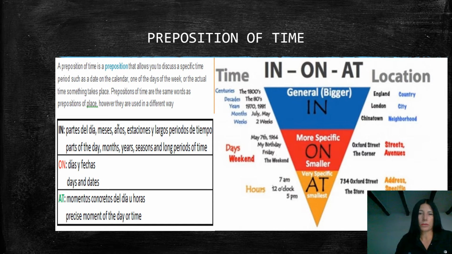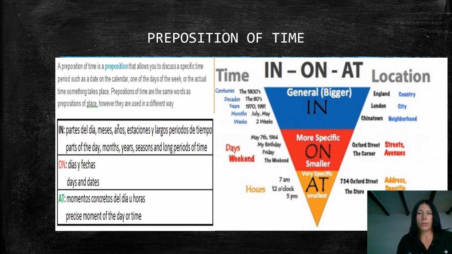For example, in with months of the year: in January, in February, in March, and in June; and with years, as an example, in 97, in 2018; with weeks, in 2 weeks, in 3 weeks; and in the 21st century and others.